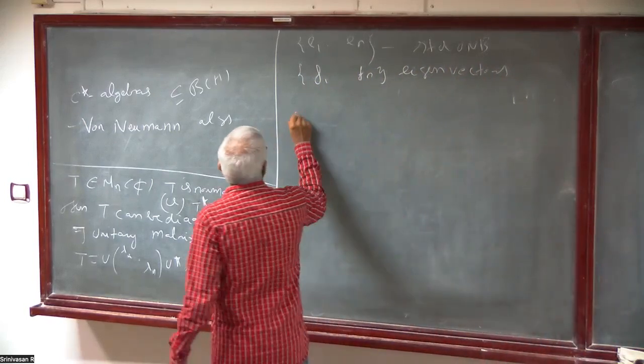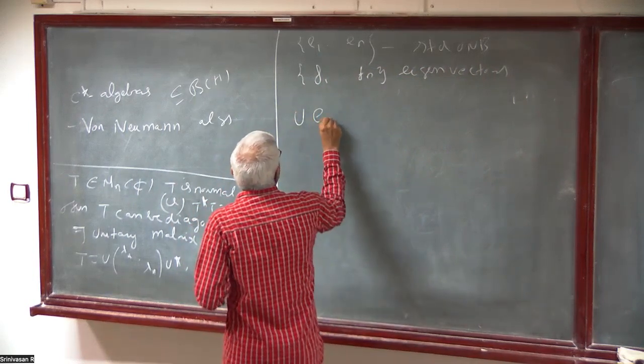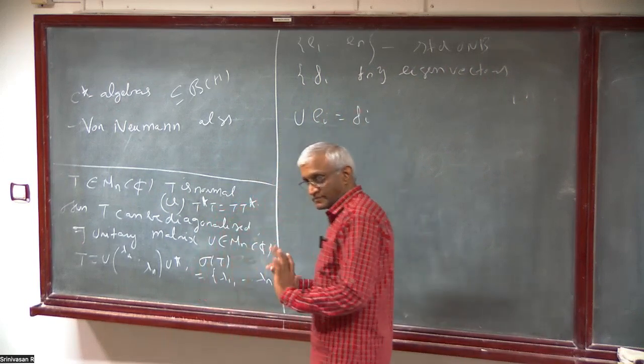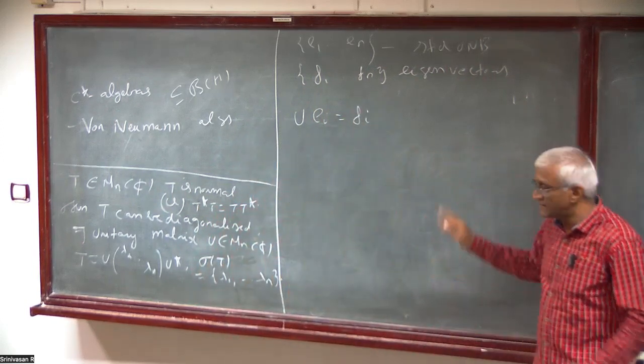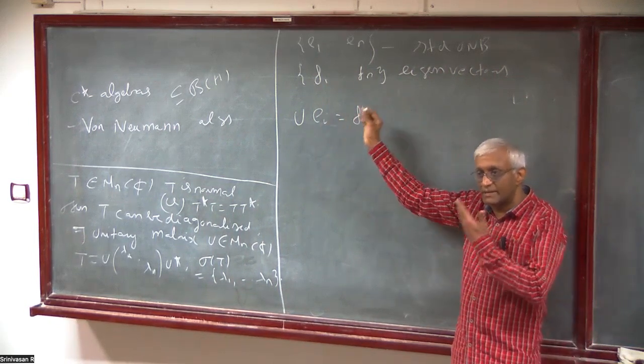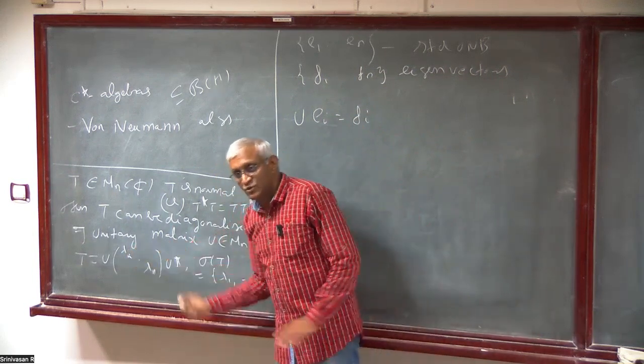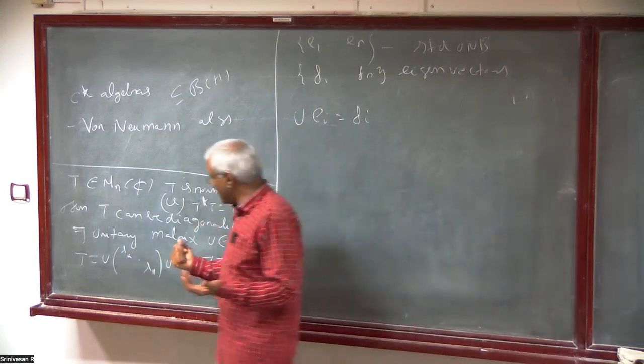This U is just the operator, and this determines the operators. You will depend on the basis that determines the operators. So, this is what we use.